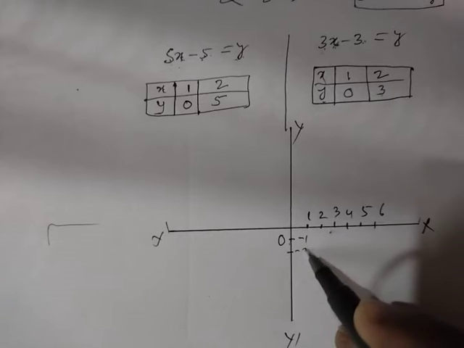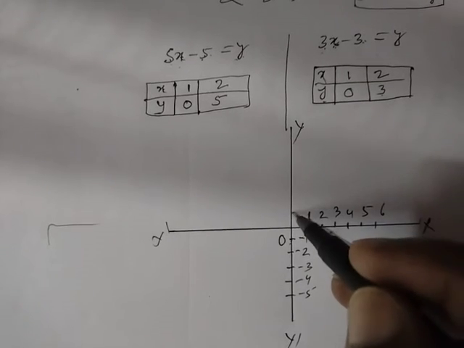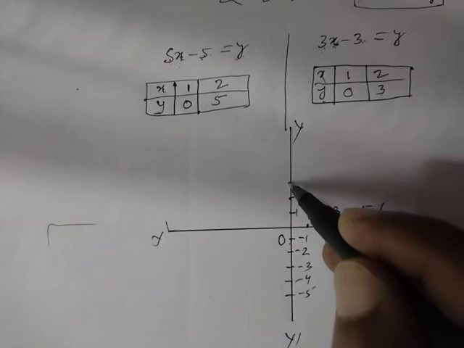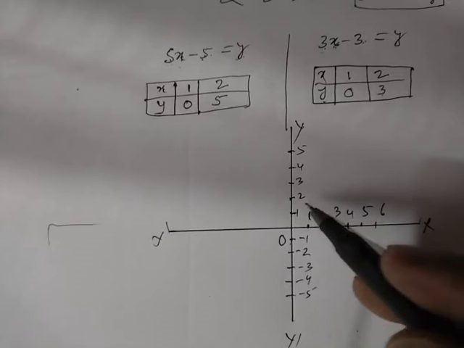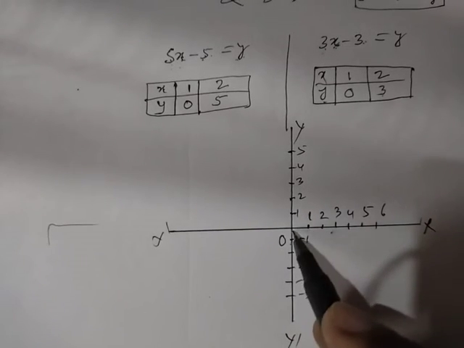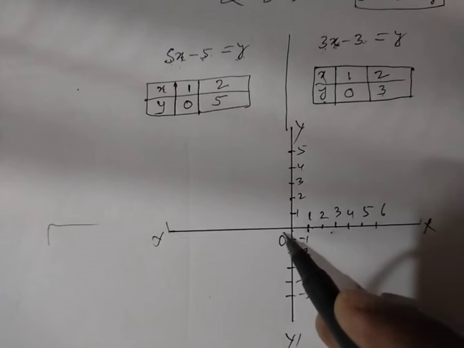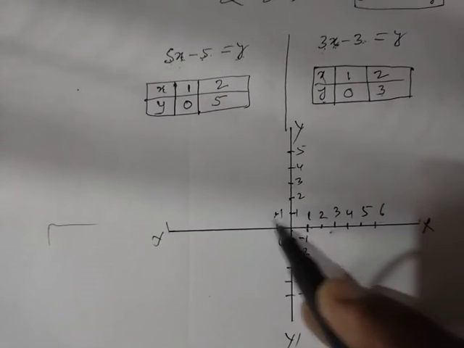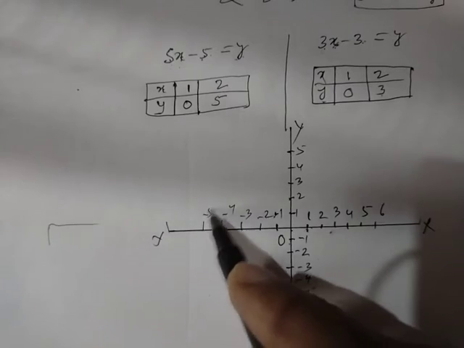Minus 1 minus 2 minus 3 minus 4 minus 5, and 1 2 3 4 5. If you draw it on graph paper, it will be very easy to take the points, taking an interval of 5 points or 10 points. Minus 1 minus 2 minus 3 minus 4 minus 5.